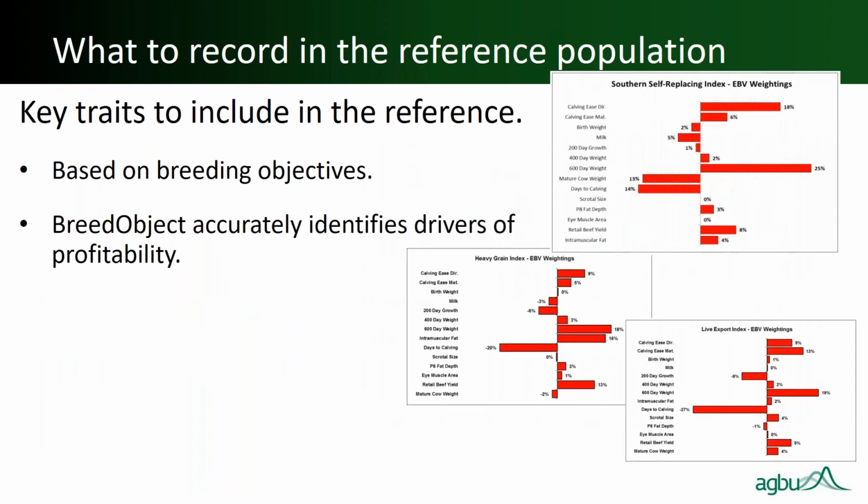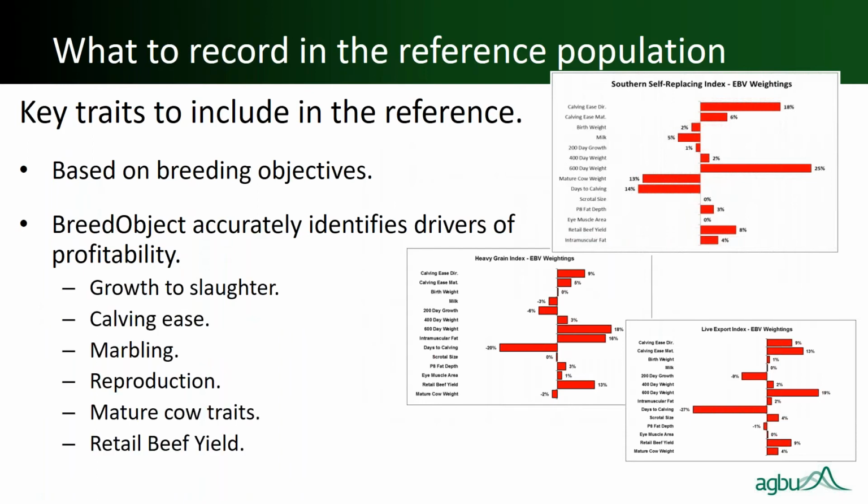If we look across different breeds, those traits tend to be consistent, not universally the same weightings, but growth, calving ease, marbling, reproduction, mature cow traits and retail beef yield all have some level of importance. With that in mind, it's worth looking at how levels of recording are for those traits.